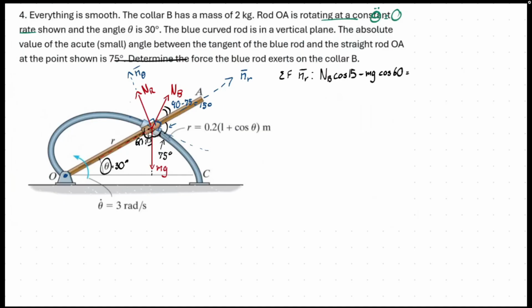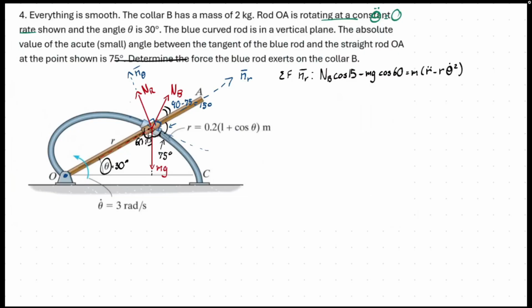And that's going to equal our mass times our acceleration in the r. Our acceleration in the r, if you remember, based on these polar equations, is r double dot minus r theta dot squared. That's our acceleration in our radial direction.